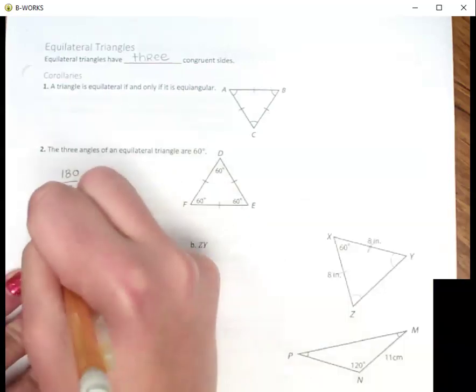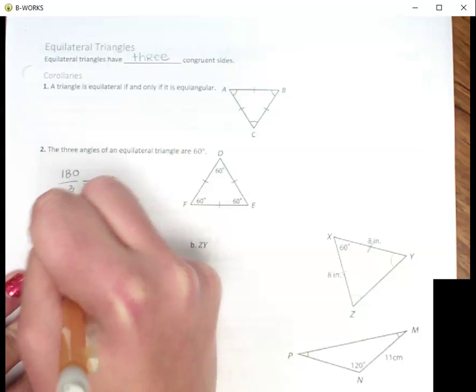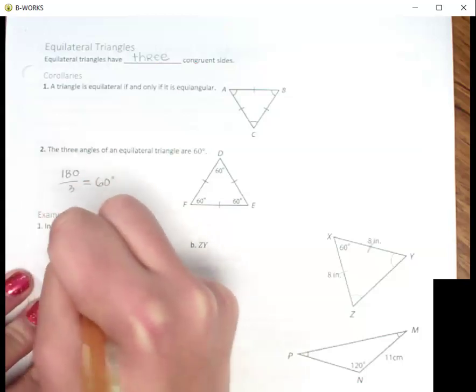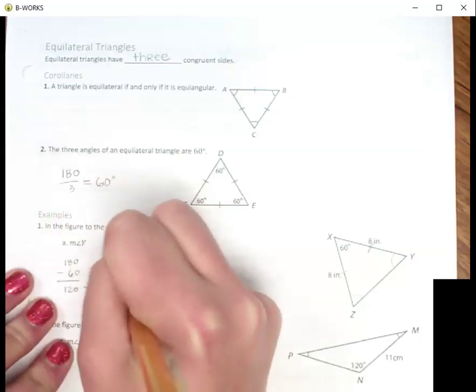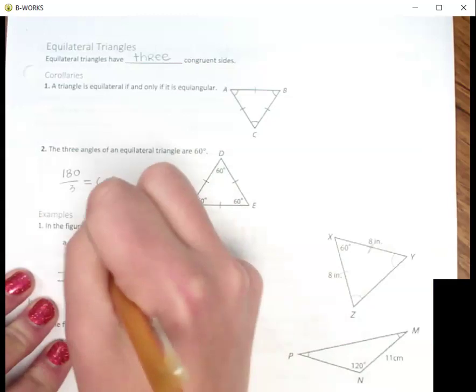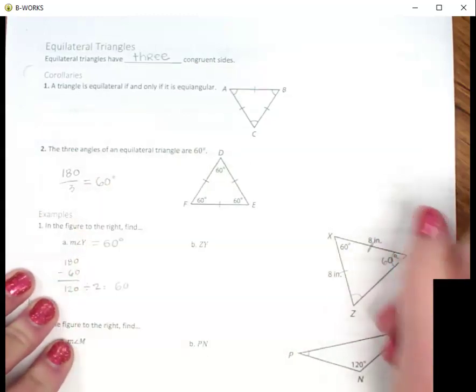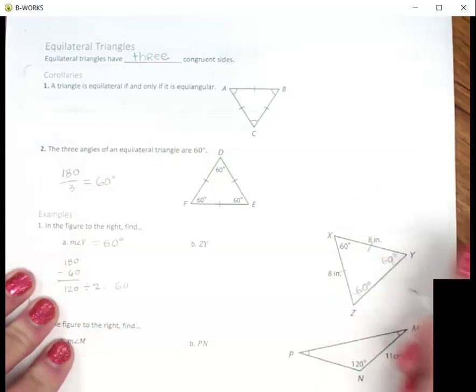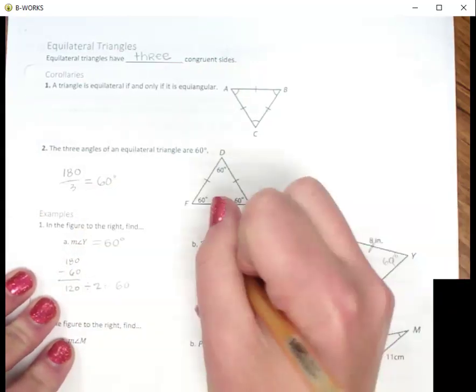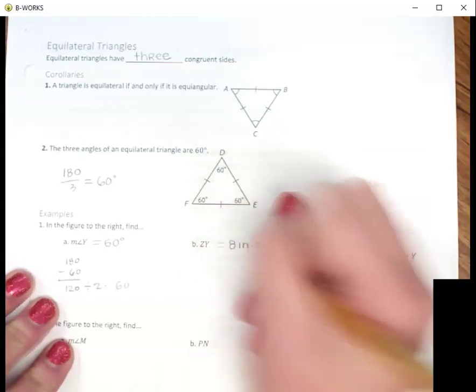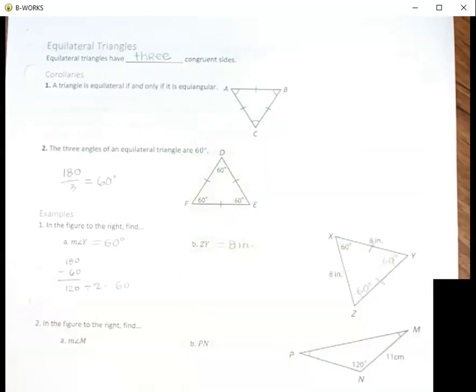So 180 minus 60 is 120, divided by 2 is 60 degrees. So the measure of angle Y is 60 degrees as well. That makes this an equiangular triangle, which is also equilateral. So then ZY is going to be 8 inches as well.